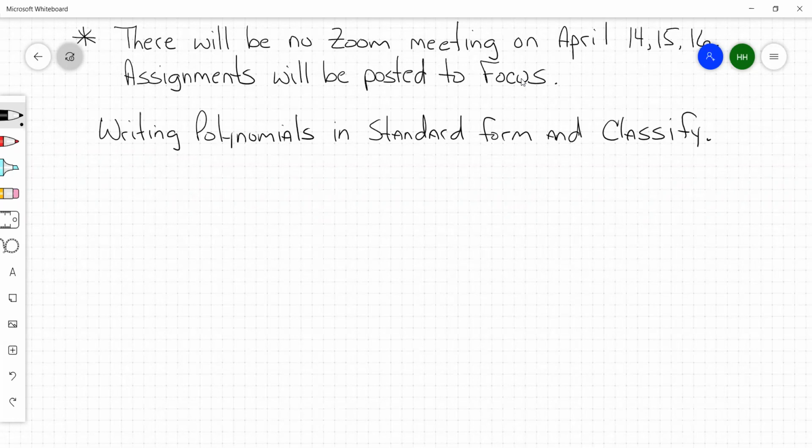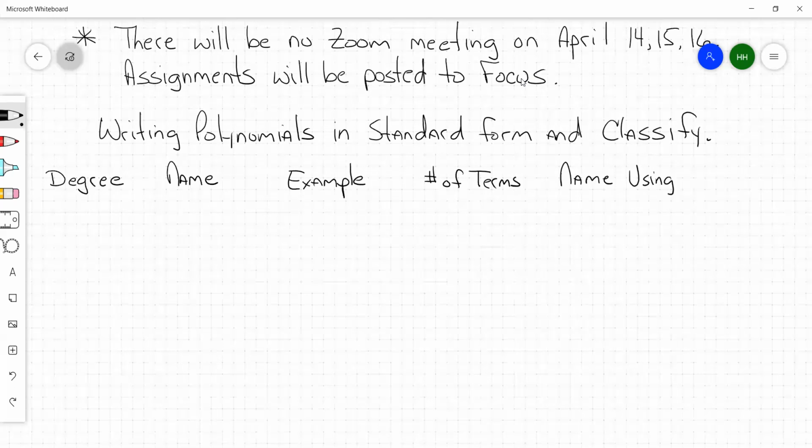So we're going to start off with the degree of the polynomial. And then we've got the name. And then we're going to do an example. Number of terms and the name using terms. We're going to change this over here to name using degree.